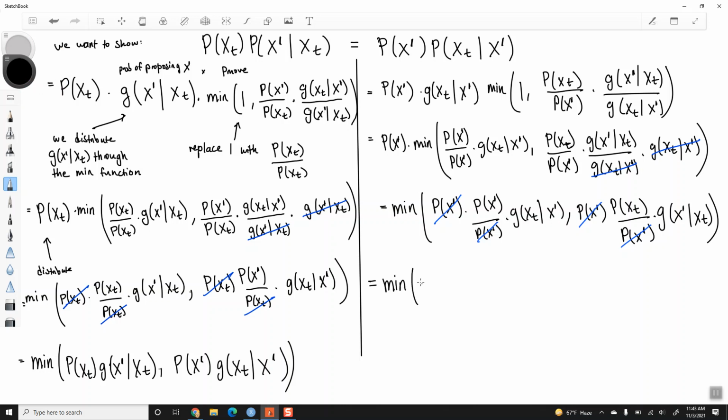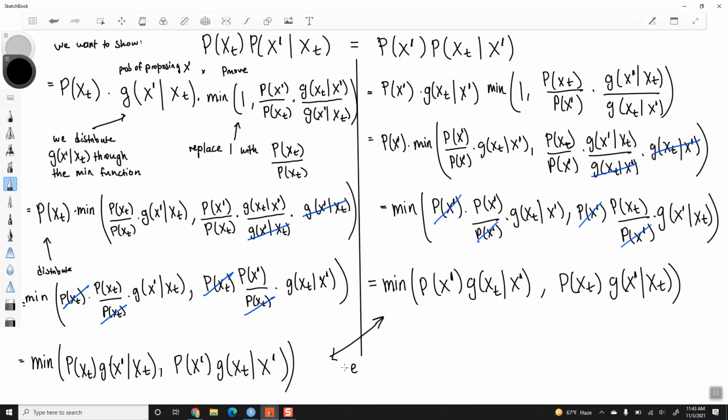you also end up with the minimum between p of x prime times g of xt given x prime and p of xt times g of x prime given xt. Okay? And so if you look at these two things, these are equal.